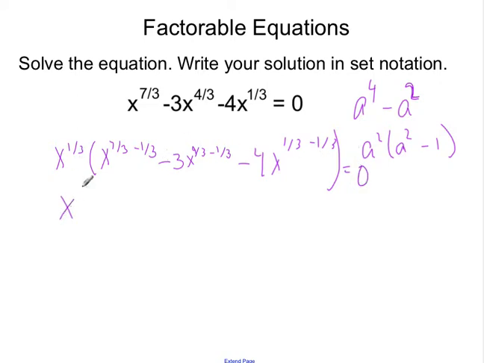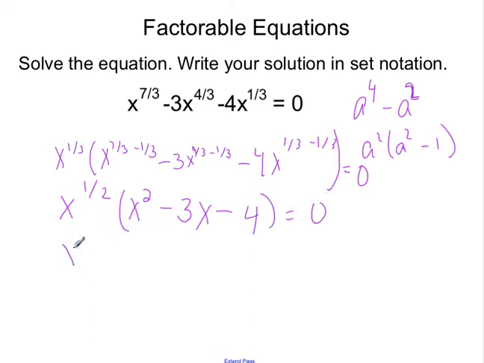So when I do that, it works out nicely. 7/3 minus 1/3 is 6/3, or x squared, minus 3. 4/3 minus 1/3 is 3/3, or just x. Oops, I wrote a 6 and I didn't mean to. This should have been squared. 7/3 minus 1/3 is 6/3, or 2, minus 3x minus 4 equals 0.